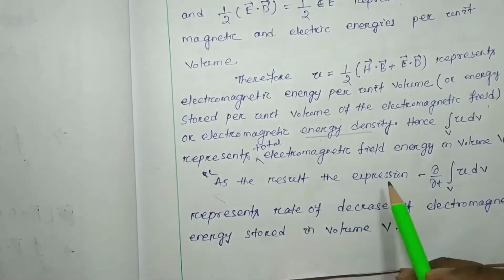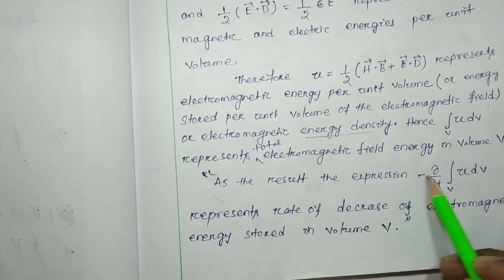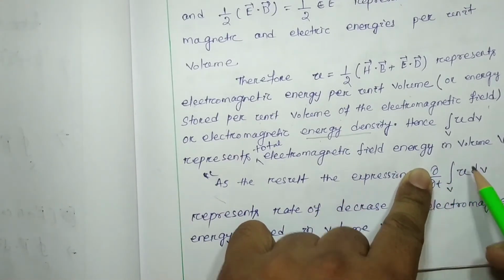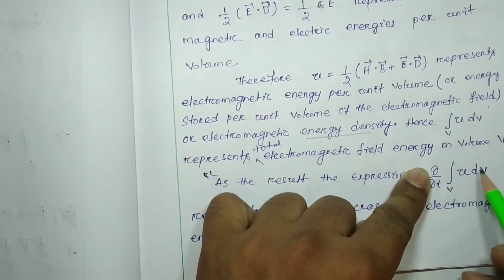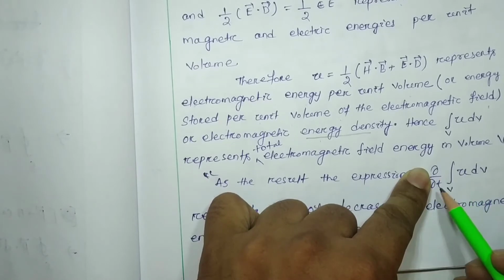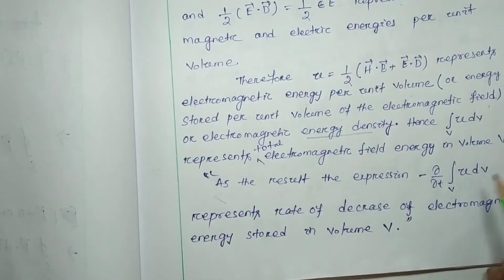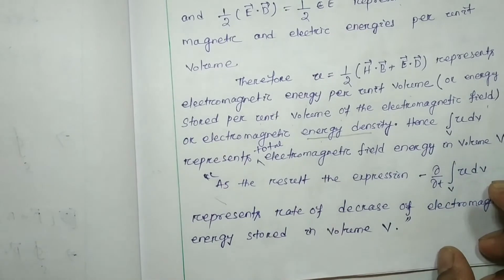So as a result, the expression has a minus sign, minus del by del t. Only del by del t means it is the rate of increase of total energy. But if it has a minus sign, that means it is the rate of decrease.